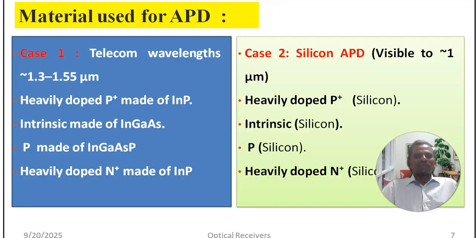Then material used. We have two types of material. One is for telecommunication purpose, which has a wavelength of 1.3 micrometer to 1.5 micrometer.